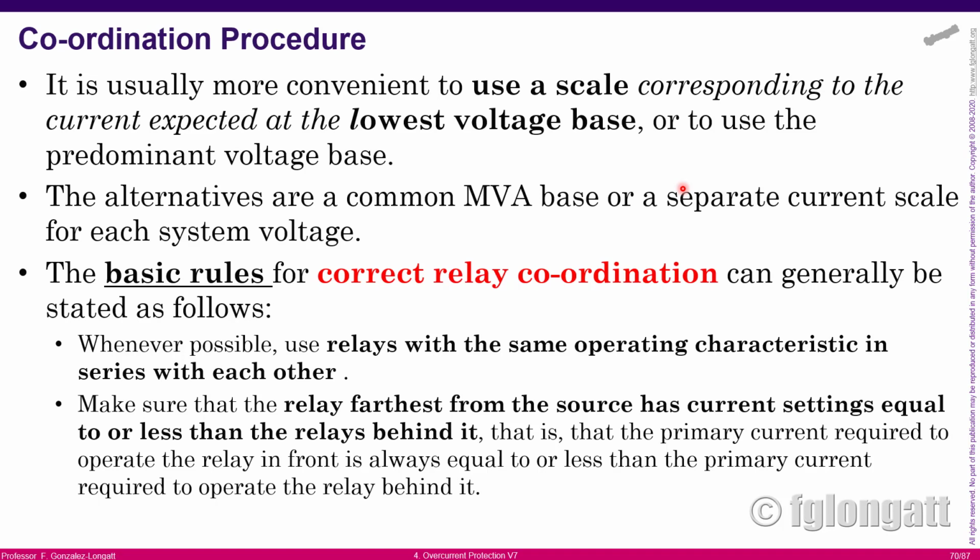In that plot, as I presented before, we present all the devices: relay characteristics, fuses, reclosers, and so on. It's expected that you do this at the lowest voltage base, the most predominant voltage in your system. Another way is to present everything in MVA base, in per unit.